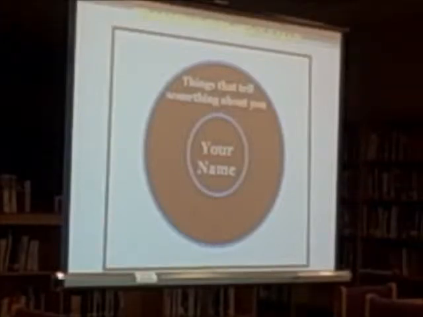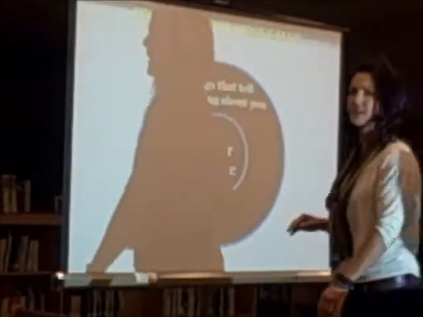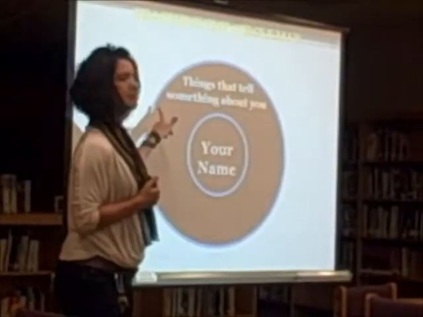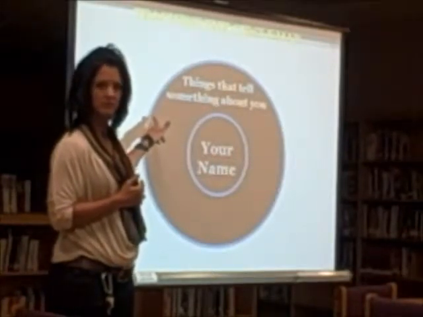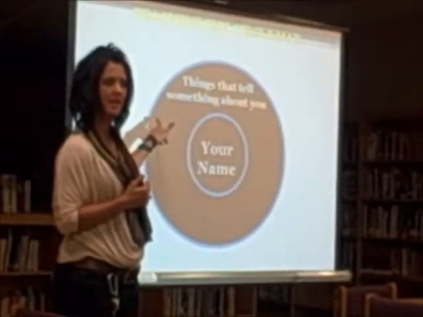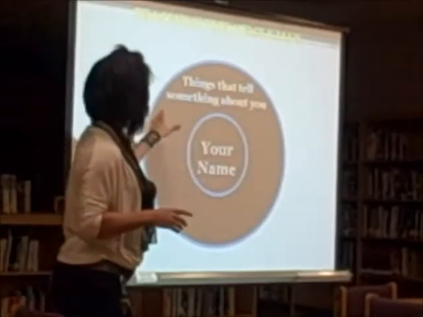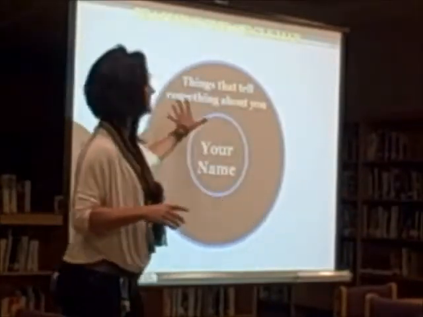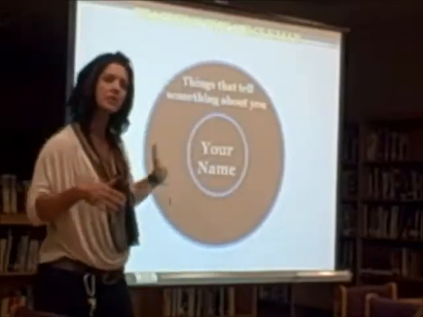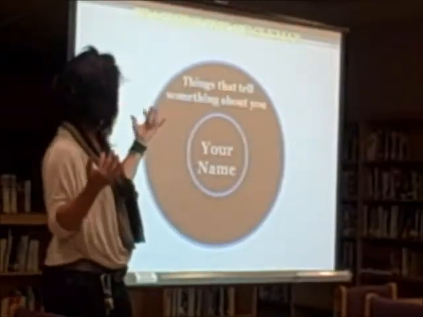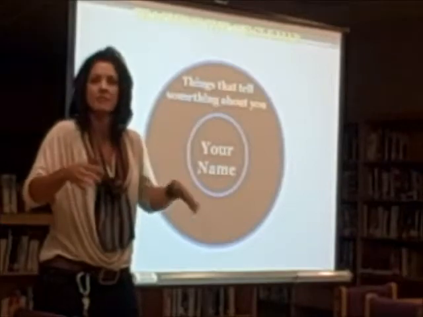Then the next thing you're going to do, if you take a look up here, do not put that outer circle. Never close your thoughts in. That's what I tell my kids. You want to leave them open. So on the outside of the circle around your name, come up with as many things as you can about yourself.